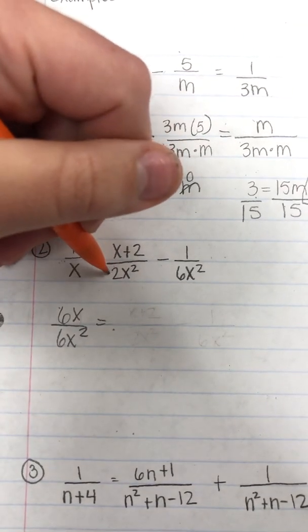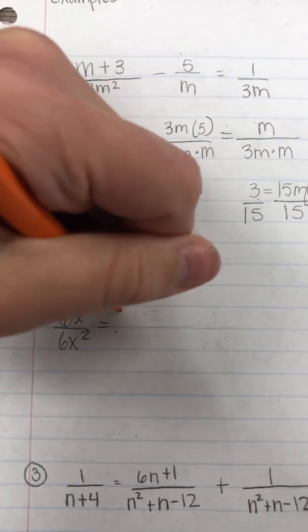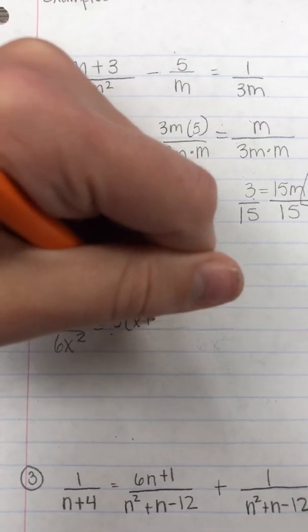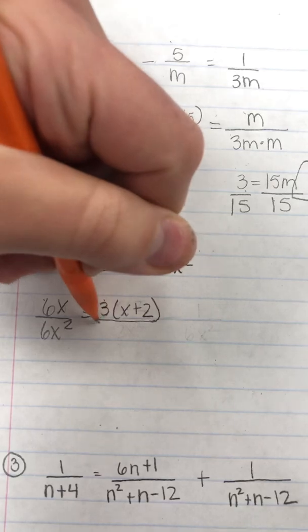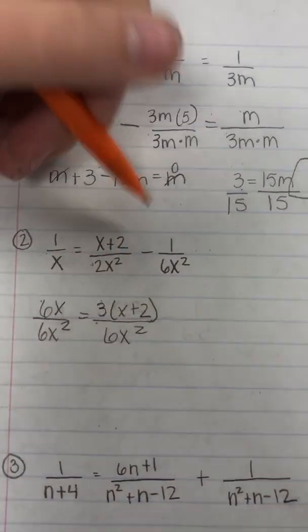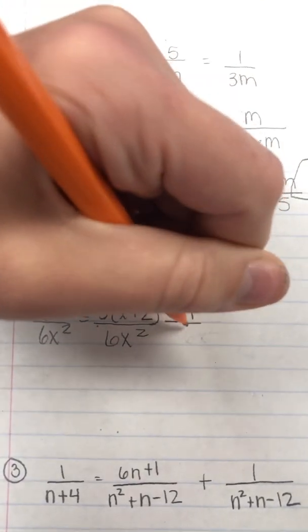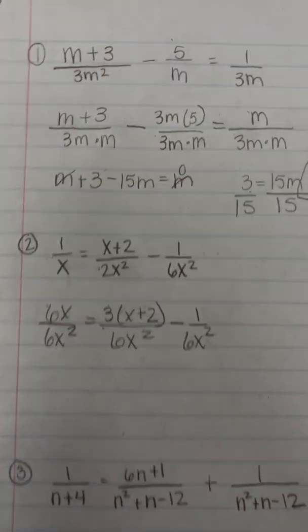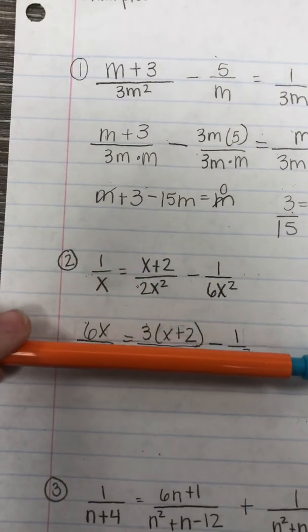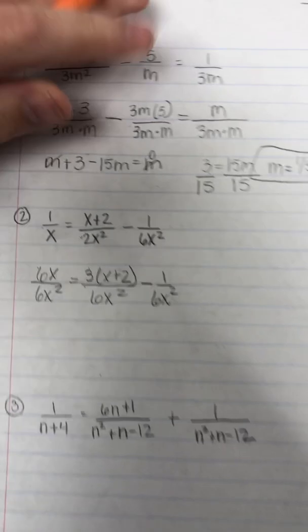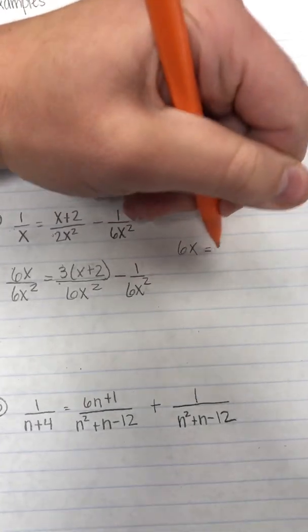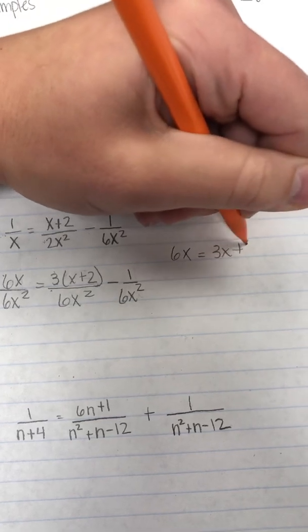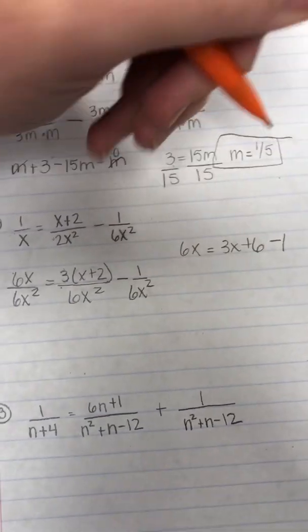I would have to multiply this one by 3 in order to make it match. So it'd be 3 times x squared over 6x squared. And then I still just have minus 1 over 6x squared. Now that I have that, I can get rid of this denominator and simply rewrite it as 6x is equal to 3x plus 6 minus 1.